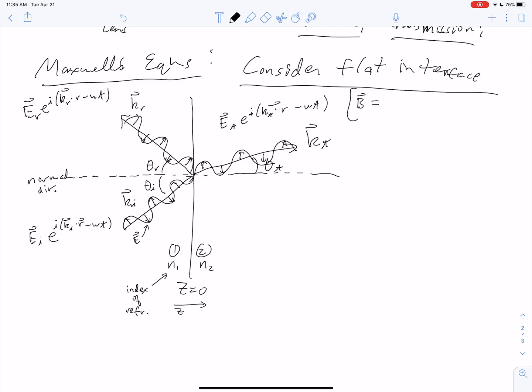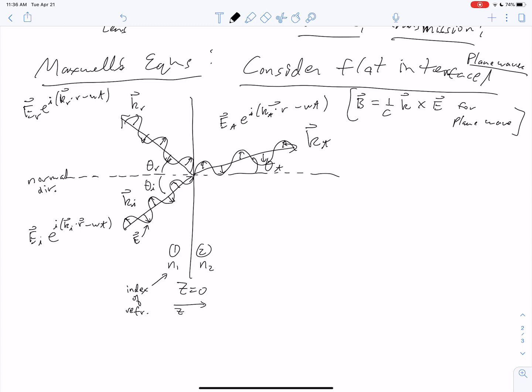For a plane wave, and we're only talking about plane waves, the B field is equal to 1 over c times k cross E. So once I have the E, I've got the B. So that's why we can ignore the B for now. The B follows E.